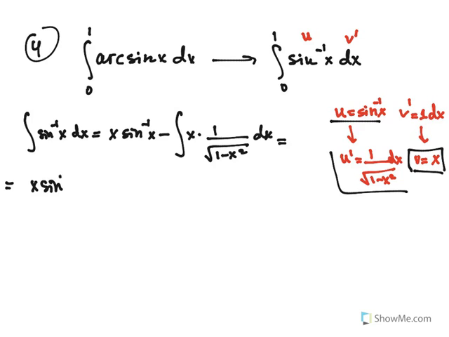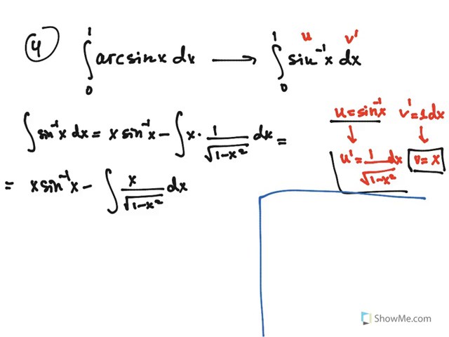I'm going to keep that. Now, this integral, don't get scared. You can solve it on the side. I know it does get complicated, but you'll get used to it.